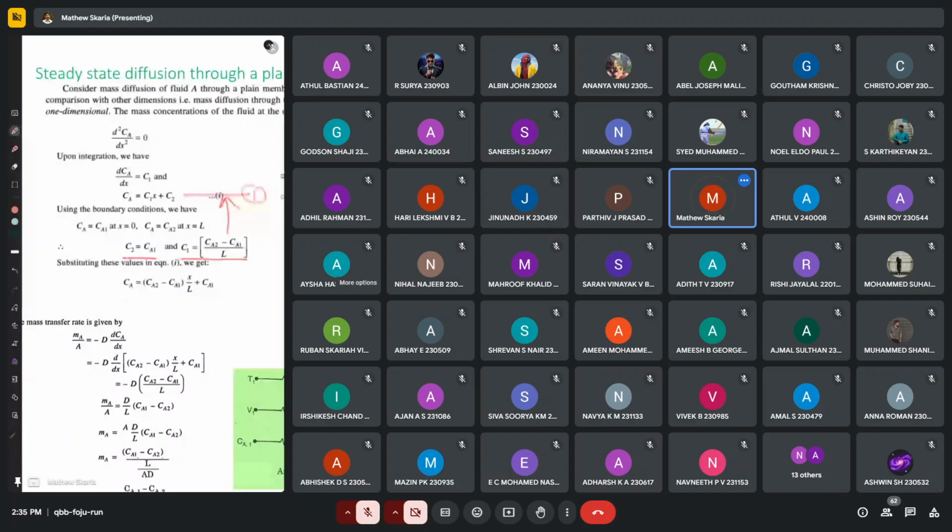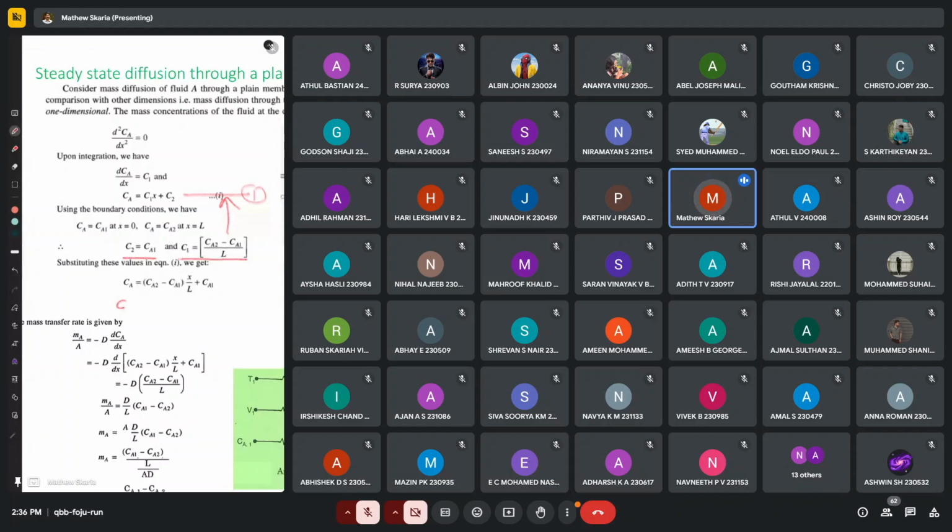Then it becomes Ca is equal to C1, Ca2 minus Ca1 by L into x plus C2ന്റെ വാല്യൂ, C2 is equal to Ca1. അതിന് വേറെ ഫോമിൽ ഇവർ എഴുതിയിരിക്കുന്നുള്ളൂ.